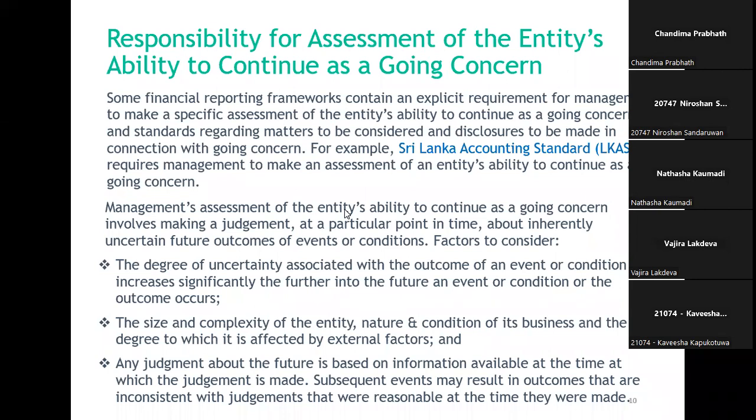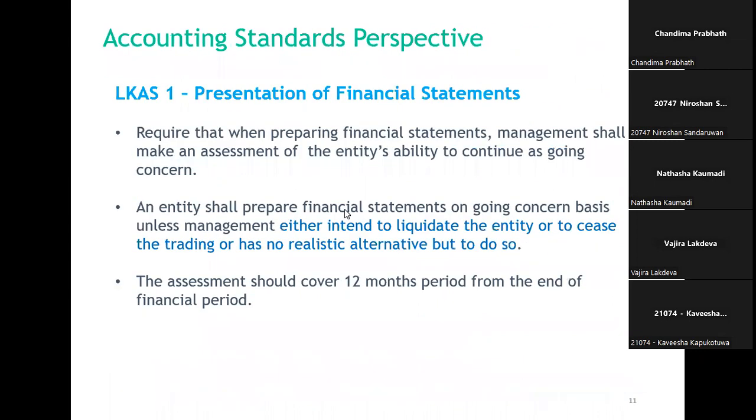As long as you can prove that you have taken into account the best available information at the time of making the estimate, then there is no mistake. In the same way, any judgment about the future is based on the information available at the time at which the judgment is made. What is the judgment? Whether the entity can continue as a going concern or not. Subsequent events may result in outcomes that are inconsistent with judgments that were reasonable at the time they were made. So you cannot do anything about that, right?